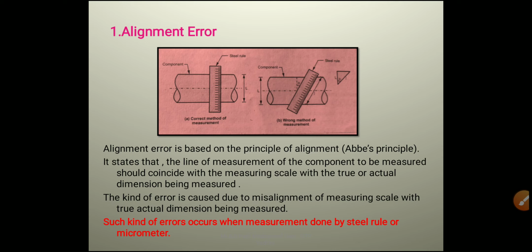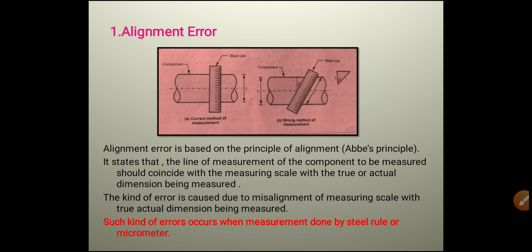This kind of error is caused due to misalignment of the measuring scale with the true actual dimension being measured. As the image shows, image A shows the correct method of measurement, whereas image B shows the wrong method of measurement. The steel rule is at an angle theta, which does not coincide with the component's neutral axis.